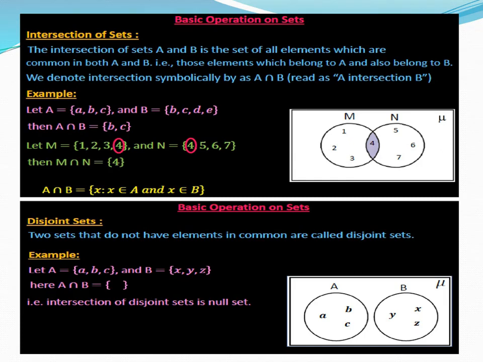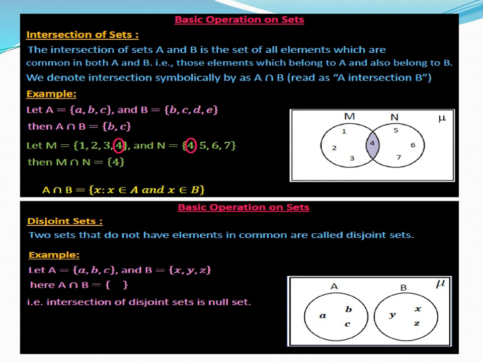Here A contains 3 elements and B contains 3 elements, but there are no common elements between A and B. So you can find A intersection B equals what? Yes, the null set. Why? Because there is no common element between these two sets. That is, the intersection of disjoint sets is the null set.